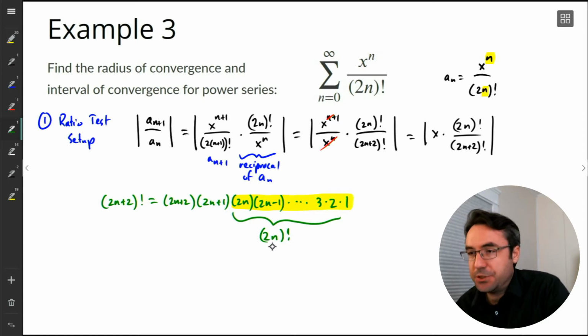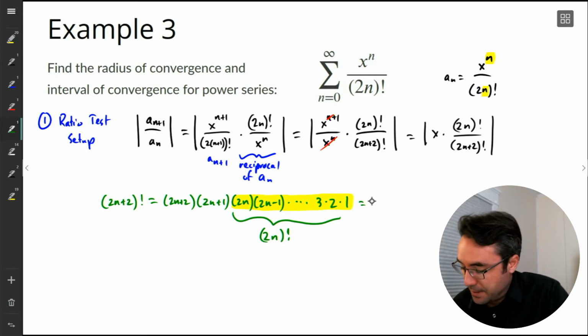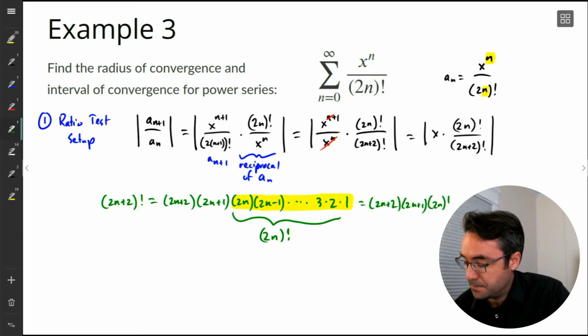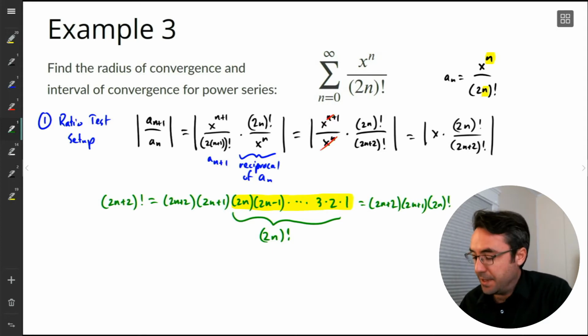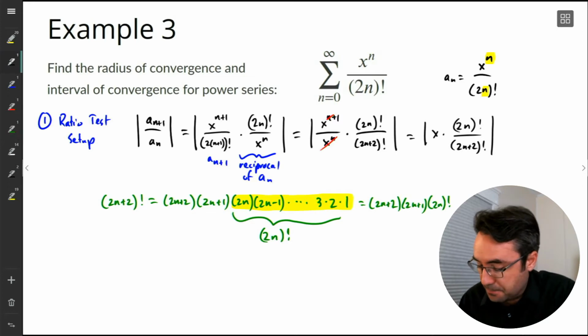So we have this 2n factorial. So we're really thinking of this as 2n plus 2 times 2n plus 1 times 2n factorial. So that's going to help us simplify this fraction down. So let's put that in.